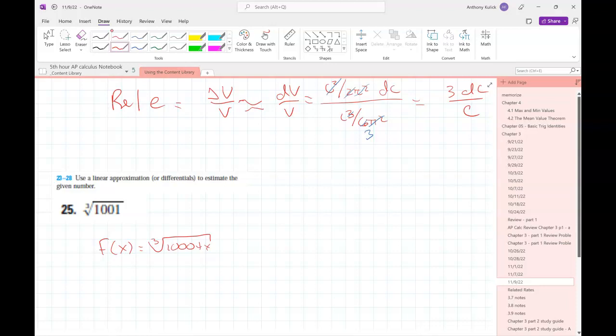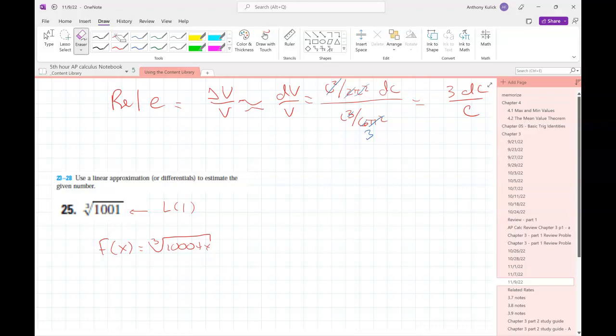Why did I pick 1,000 plus x? For this one, I'd be interested in L of 1.